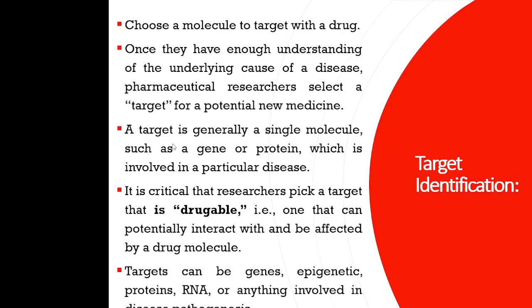Then only can we call it a druggable target. So we have to identify the target. The second feature is that we should make sure that this particular target is druggable, which means it can be controlled by a drug. The target can be genes, proteins, RNA, or anything involved in the development of a disease. So this is the second step.